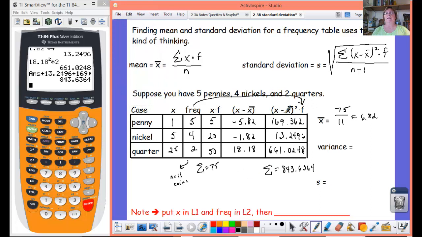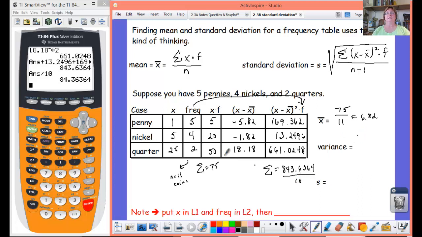Alright, I've done my x minus x bar squared times frequency real quickly. That 169.362 right there came from taking our x minus x bar, which was negative 5.82, squaring, and then multiplying by the frequency, the number of times it happened, 5 times. I added those up. I have 843.6364. My variance will be that sum divided by 1 less than the number of coins. So I'm going to be dividing by 10.